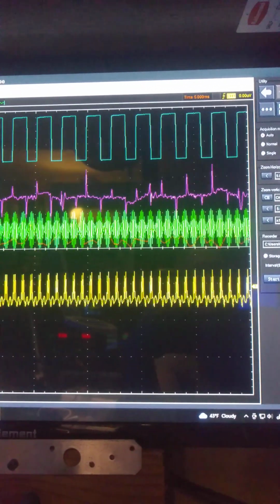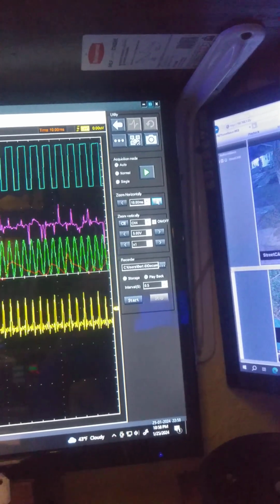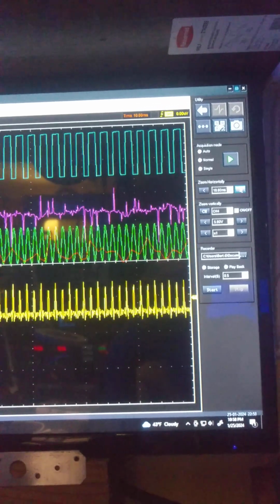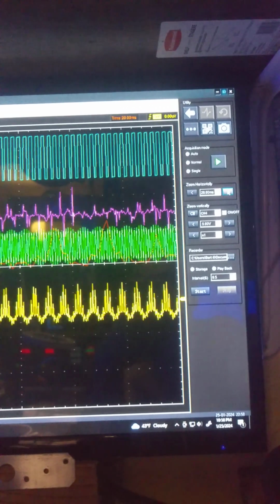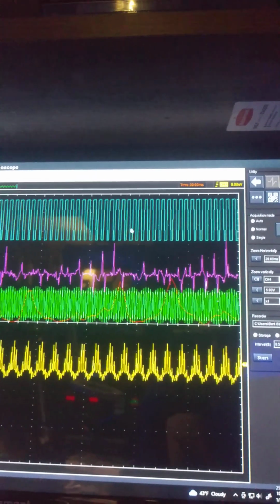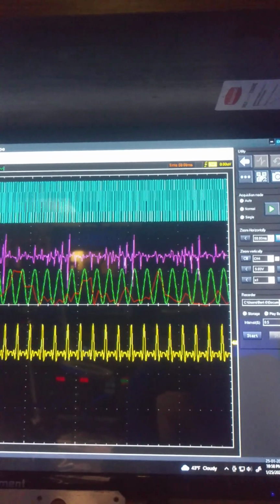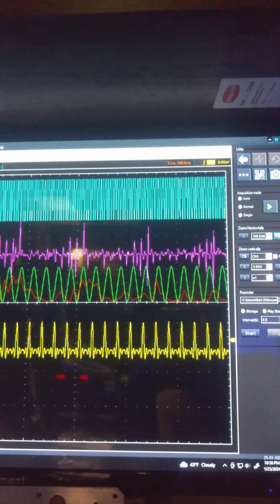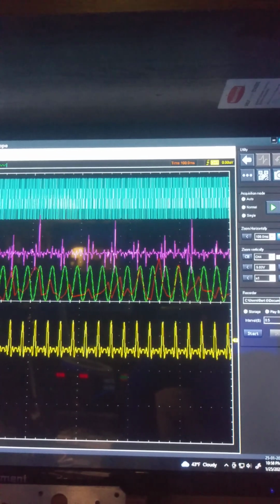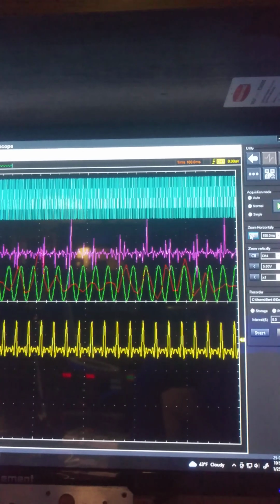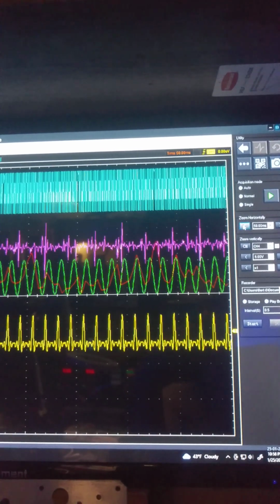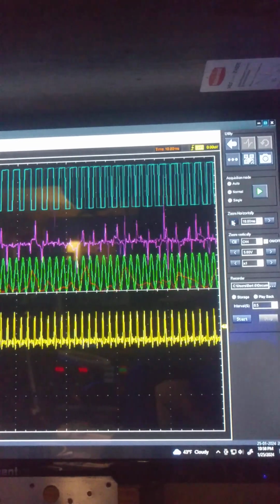Because right now, as I change the time base, we're going back the other way with it. You can still see it, even here, that's probably the real signal. And this might be, but it's harder to say. At 100 milliseconds, you really can't resolve or discern anything.